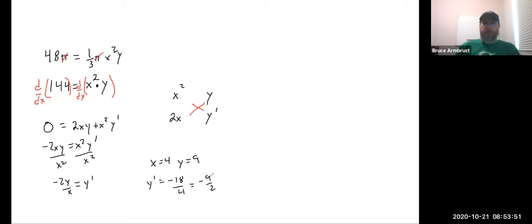All right, so again, let's interpret that number. So remember, this is dy dx, which was the change in height with change in radius.